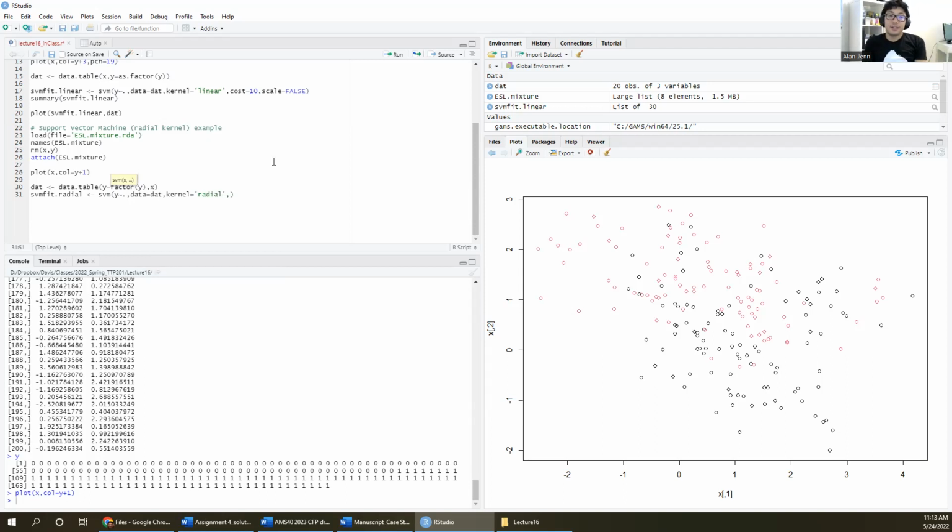And here we can enforce some kind of cost. So cost I'm going to have as 5.